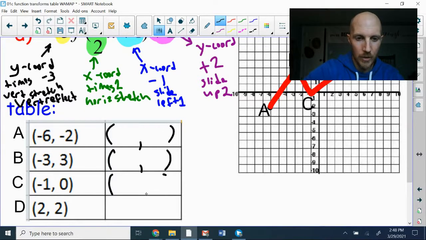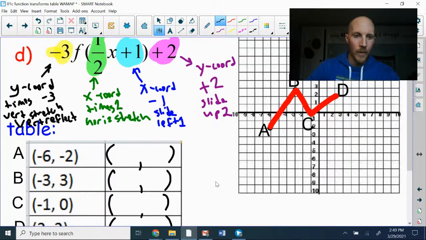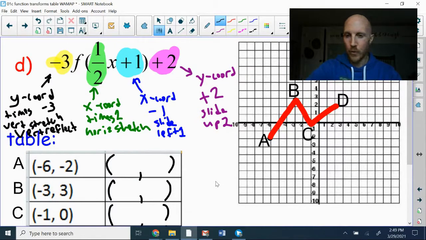And then I'll just do the x first because x is the first coordinate that shows up. So I need to follow the order of operations. My 2 operations for inside the parentheses that affect the x coordinates, multiply by 2 from the green one, and then subtract 1 from the blue one. Times 2 and then -1.